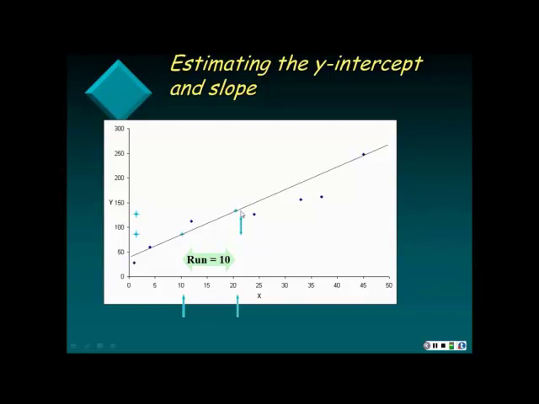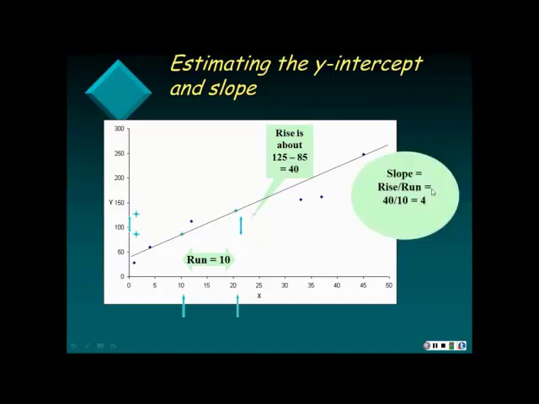So now my rise is just from here to here, and you can see those over on the y-axis. So that goes from about 125 to 85, and that's about 40. So the slope would then be the rise over the run, or about 40 over 10, or 4, for the slope.